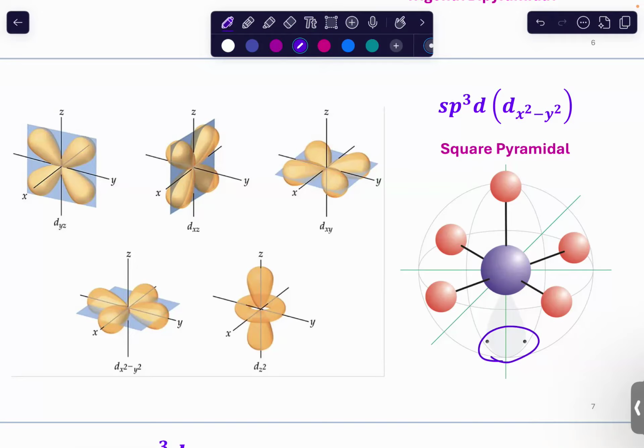And so in this case, you see we have those four radial ligands that are going to be along our individual coordinates. And so getting that predominant dx squared minus y squared is going to allow for a better bonding of those. And then the lone pair will go into an orbital structure.